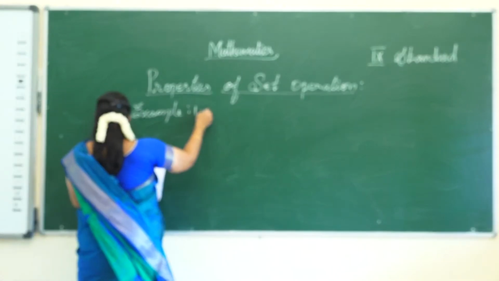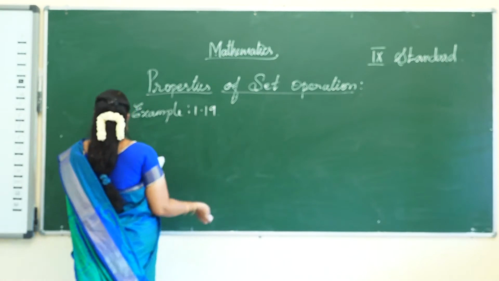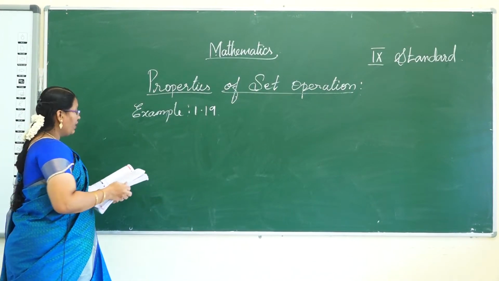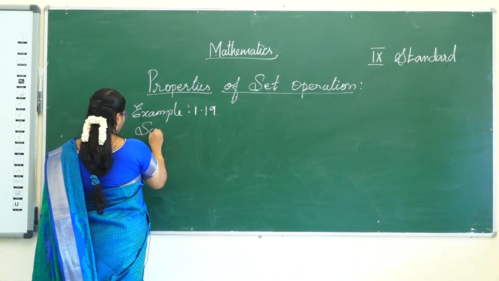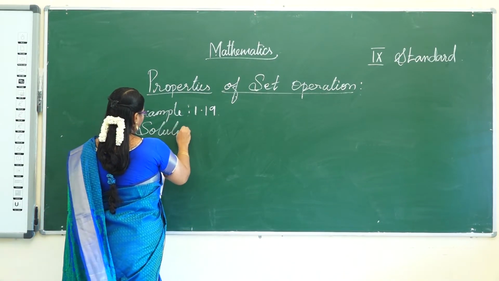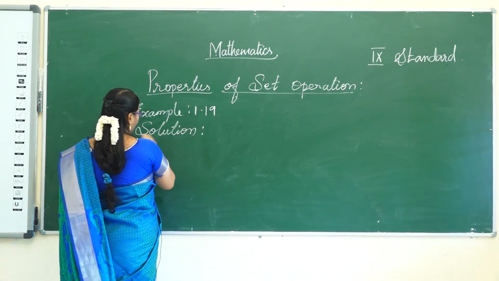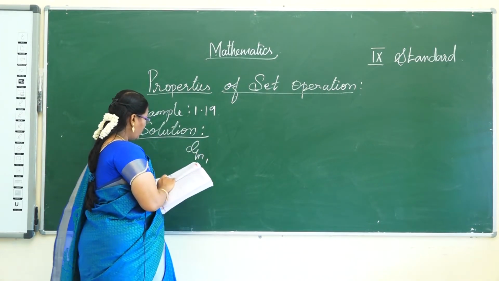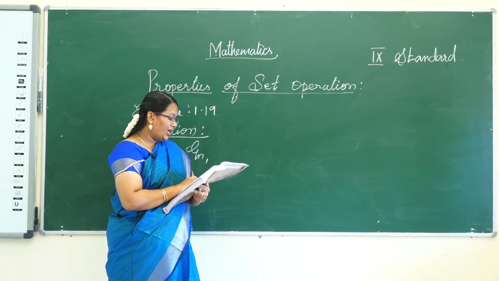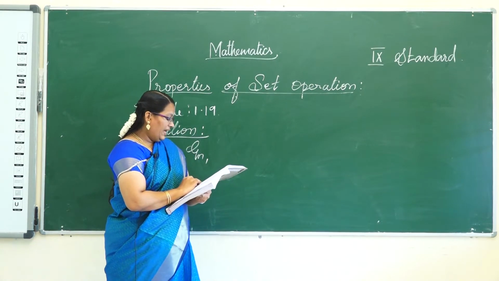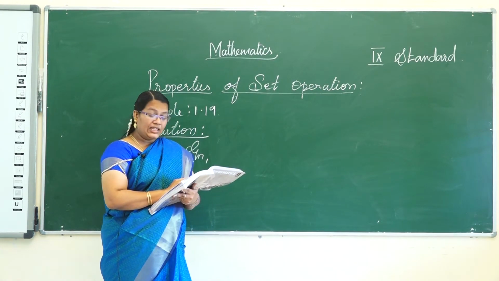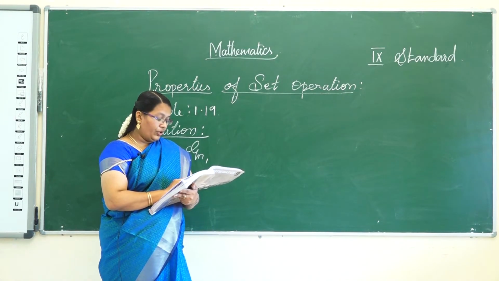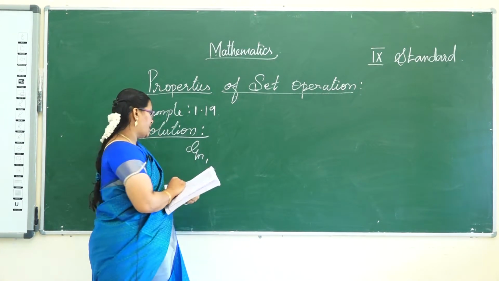Example 1.19. Solution: what data are given? If A is the set of elements b, e, f, g and B is the set of elements c, e, g, h, then verify the commutative property of union of sets and intersection of sets.